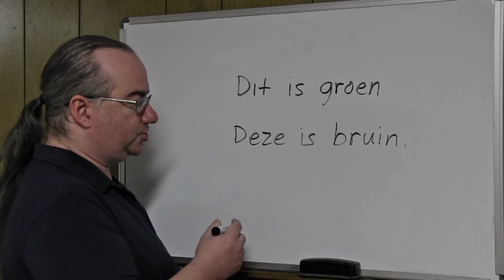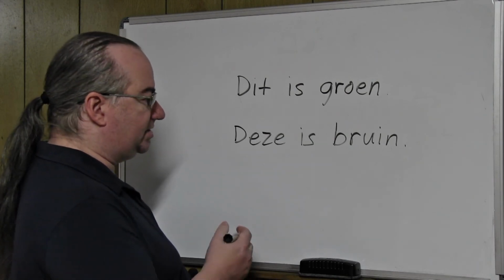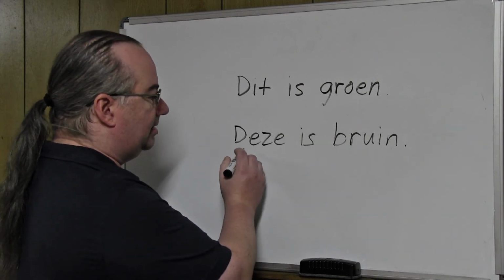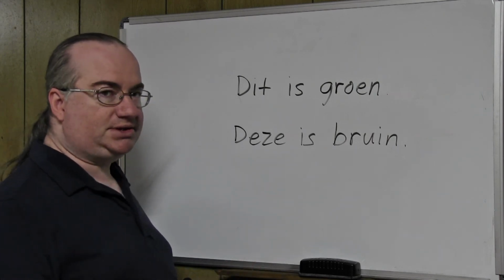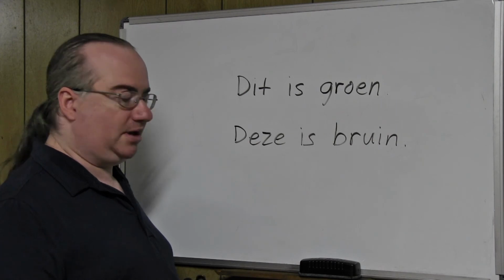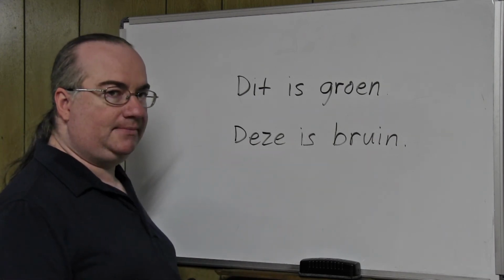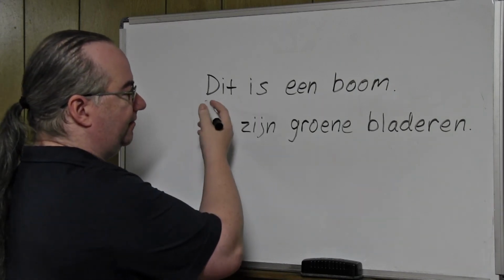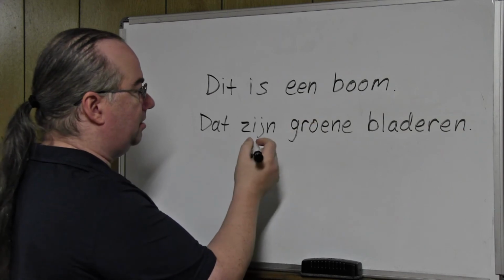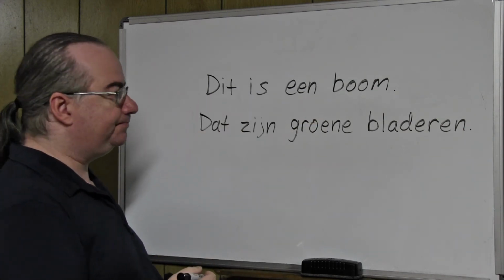Then I would just change dit to dat. And if I'm talking about the tree, de boom is a de word. And if I want to say this is brown, then deze is bruin. And if I want to say that is brown, and I'm still talking about de boom, then I would just change deze to die. But when we have a verb in between our this or that and our noun, then we're going to stay with dit or dat.